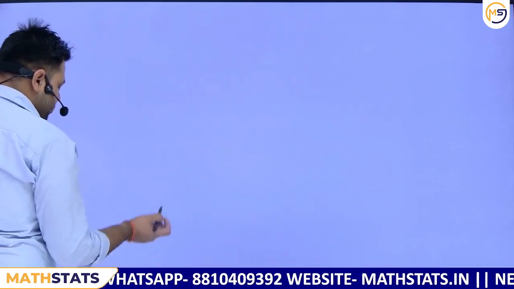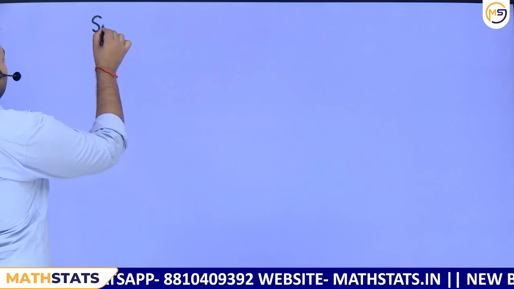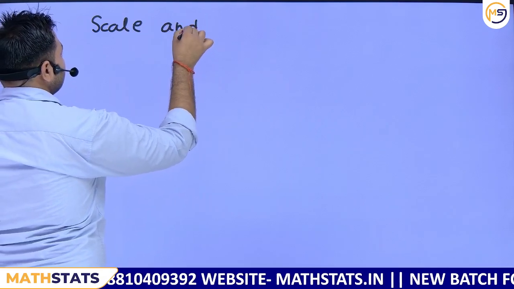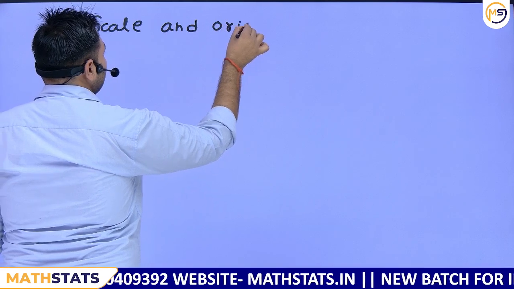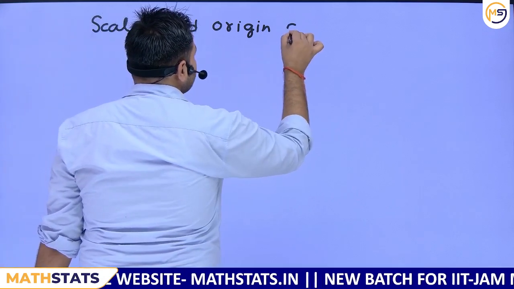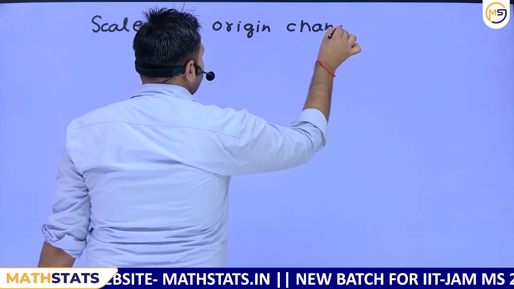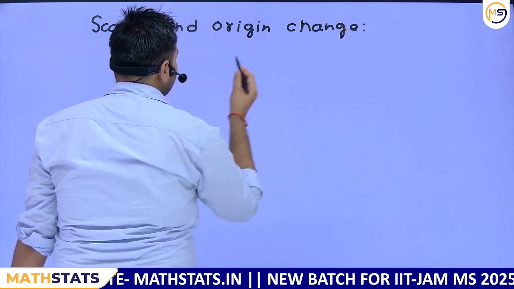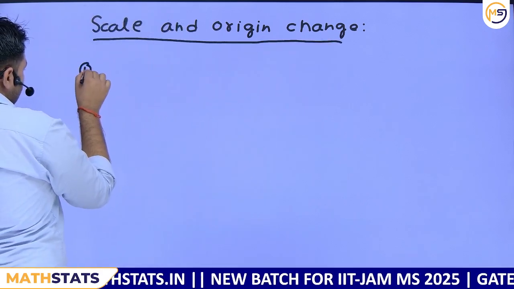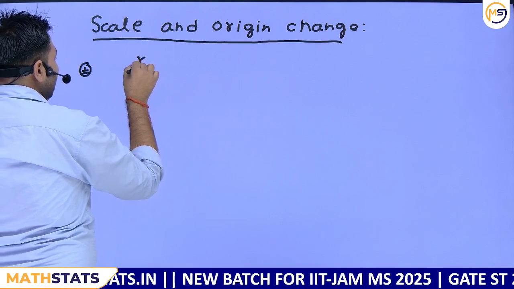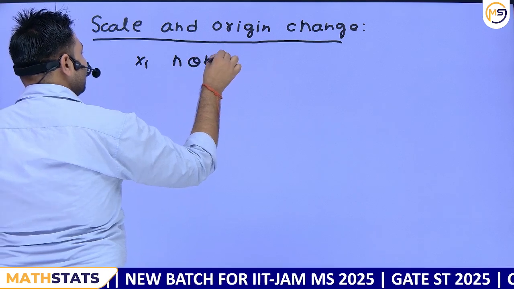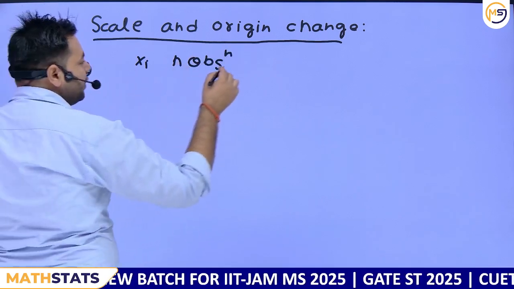First here suppose we have n observations, say x1, x2, ..., xn, that is xi, i equal to 1 to n.